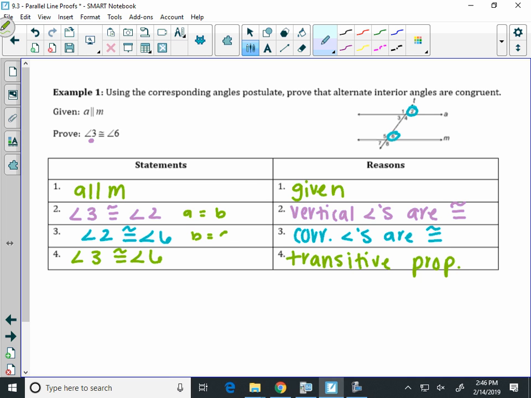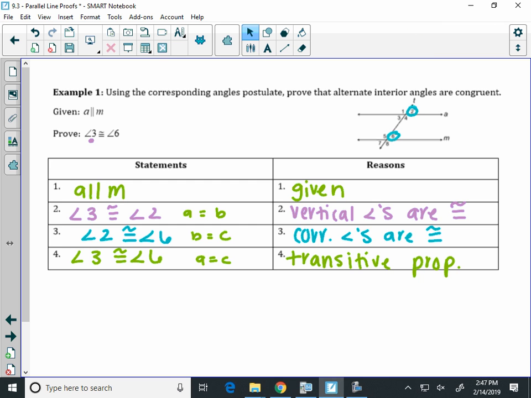B is equal to C, angle 2 is equal to angle 6, therefore A and C are equal. Two things, 3 and 6, are congruent to the same thing, therefore they are congruent to each other. Whenever you link 3 things together, you're using the transitive property. If that's still confusing, just remember: I'm doing a parallel line proof, so my last reason every single time is the transitive property.